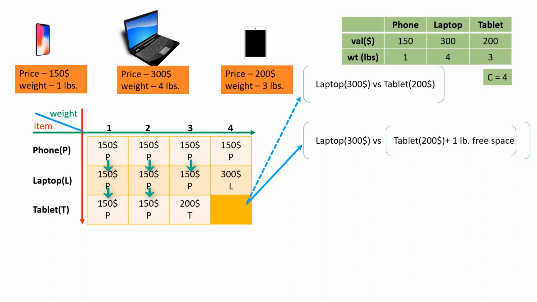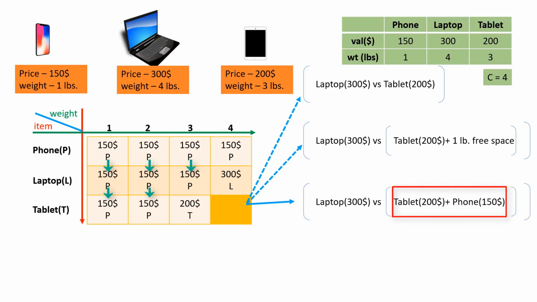But in case of the laptop, it will occupy the 4 lbs, the complete space. So how can you utilize 1 lb of free space? Can you take something more? 1 lb of free space can be used to take a phone also. So this time we are taking the phone also because we have 1 lb of free space.